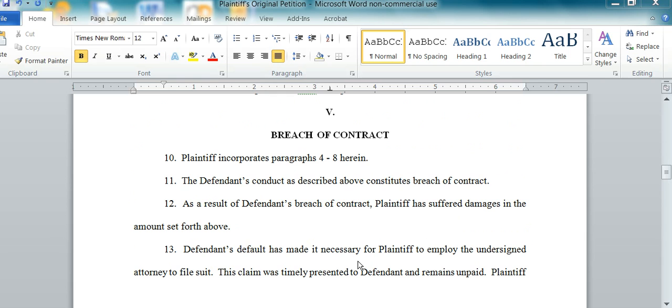After the factual recitations, you are usually going to see some paragraphs setting out the different causes of action. As I indicated, this is a breach of contract case. Anybody looking at this section can tell that breach of contract is being alleged. And again, depending upon what the facts are, this could be fraud, it could be personal injury, it could be any number of things.